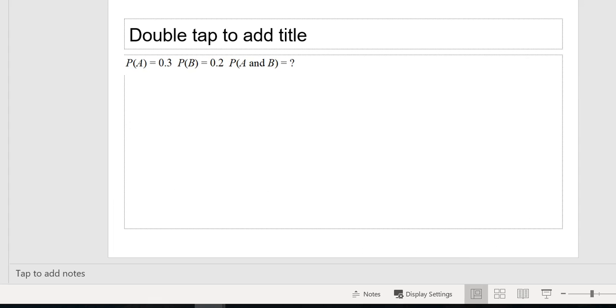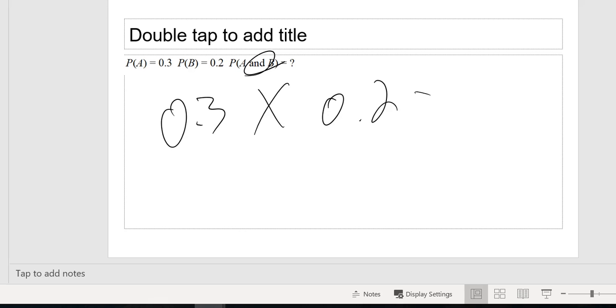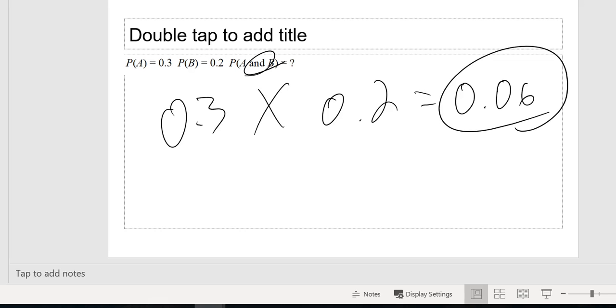Alright, this is what you're probably going to see the majority of the time. You have the probability of event A, which could be whatever it wants, and the probability of event B. It really doesn't matter what the two events are. All you're going to do is take 0.3 and 0.2, and since the word AND is there, we multiply. 0.06, and that's your answer.